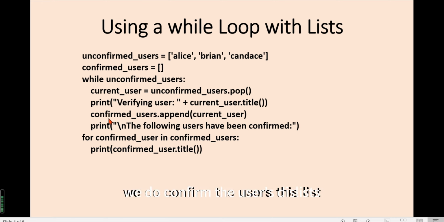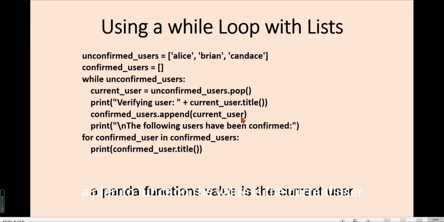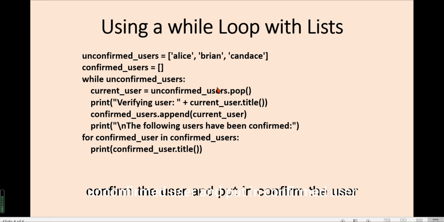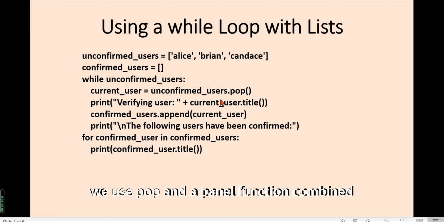Then we confirm the user. For the confirmed users list, we use the append function, and the value appended is the current user. So these three statements take the last item from unconfirmed users and put it in confirmed users. We use the pop and append functions combined.